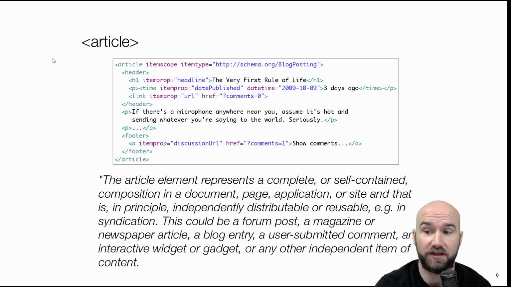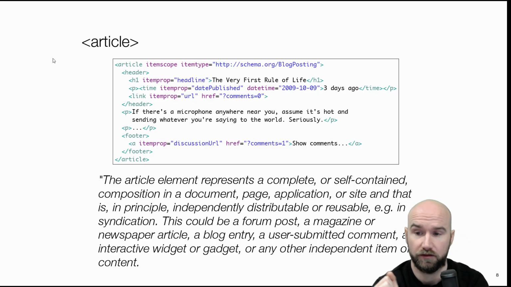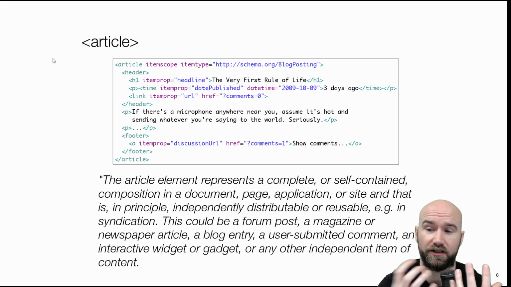So this could be a forum post, a magazine or newspaper article, a blog entry, user submitted content, or any independent item of content. There is a main tag, but you may have multiple areas of focus on your website. You tend to want to use article for those.